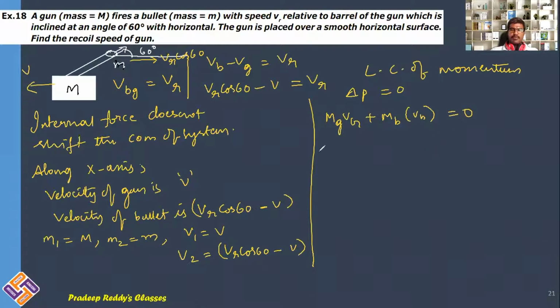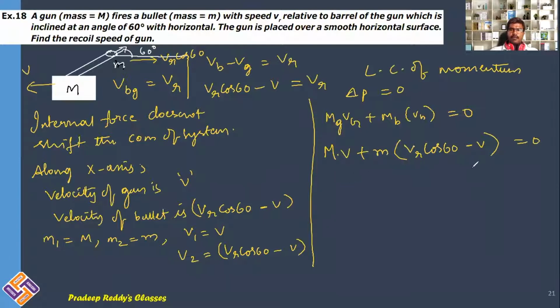This is the concept which we will be using. Mass of the gun, I am writing it as capital M. Velocity of the gun, we are considering it as V. Plus mass of the bullet, I am taking it as small m, and velocity of the bullet is Vr cos 60 minus V, which is equal to 0.